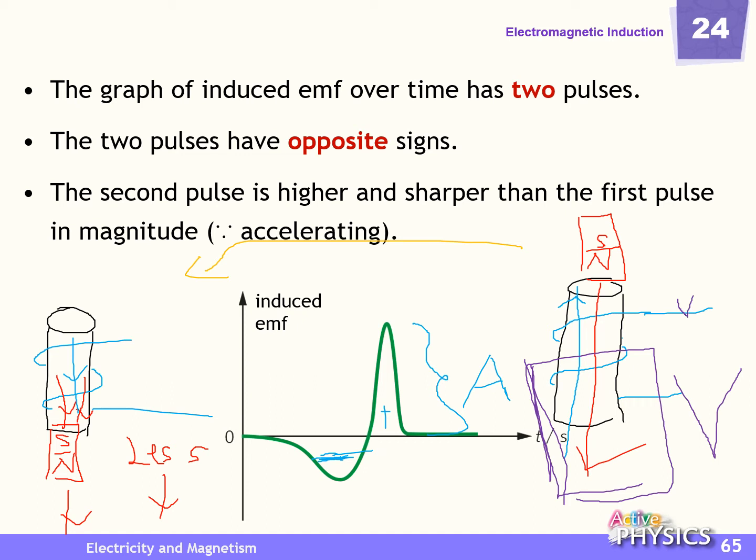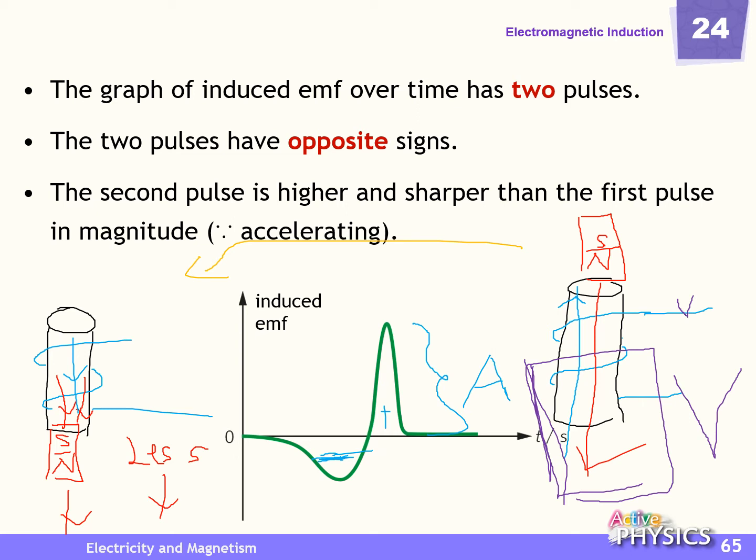The faster the magnet, the stronger the induced EMF. It's easy to understand: if you move the magnet faster through the solenoid, you will have a stronger induced EMF or induced current. So in this case, the magnet is accelerating, and the second half has a stronger induced EMF.